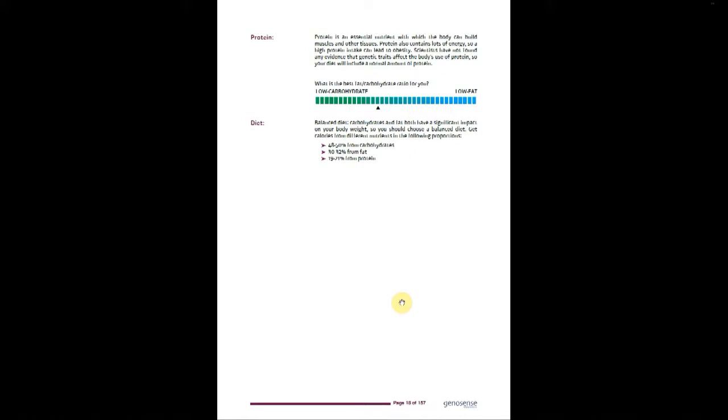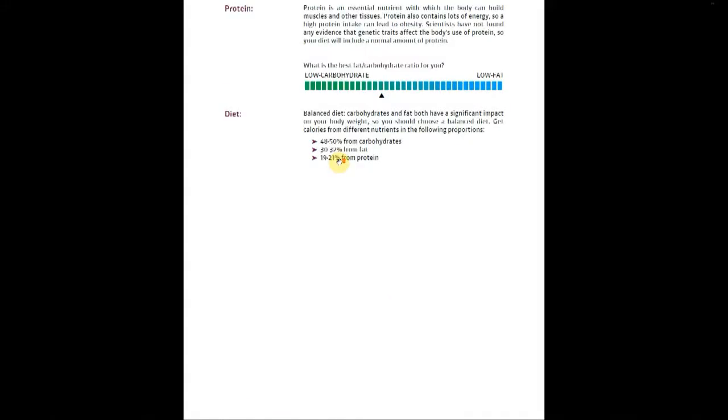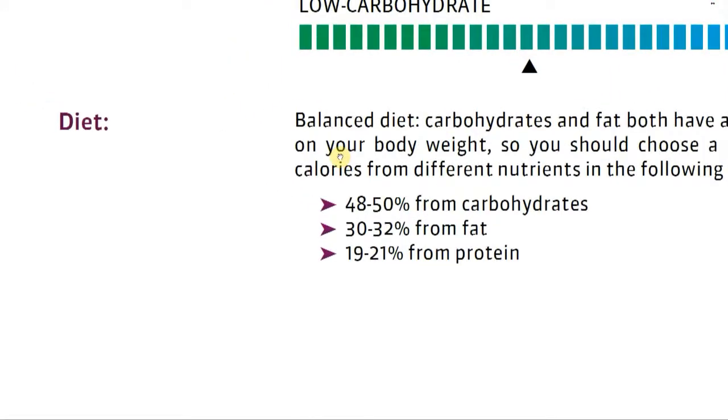One thing you're going to see here, I'm going to just zoom in a bit, you get a recommended percentage. And this is just for your information. For your genes to lose weight most effectively, from scientific studies we know that 48 to 50% of your calories should be from carbohydrates, 30 to 32% from fat, and 19 to 21% from protein.